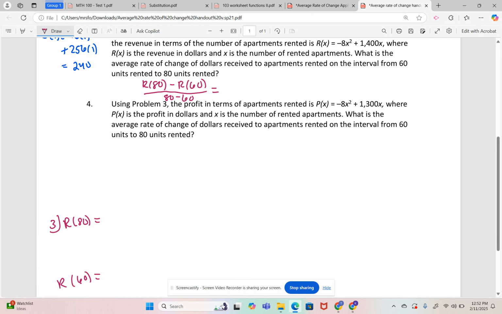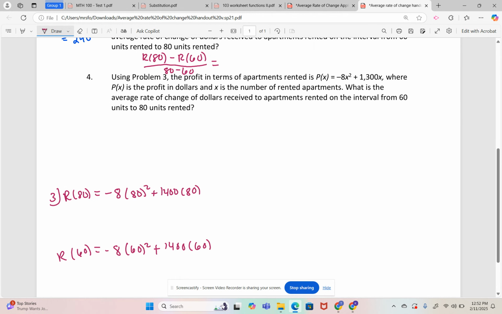So that's negative 8 times 80 squared plus 1400 times 80. And then we will do negative 8 times 60 squared plus 1400 times 60. Alright, so I'll give you a minute to try that.